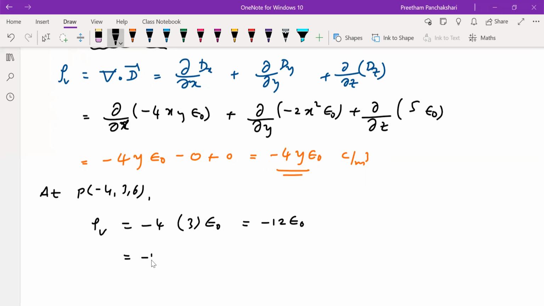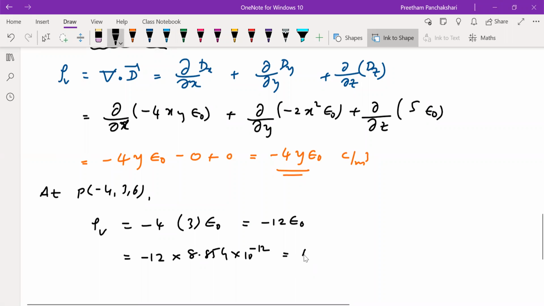If you want, you can also substitute the value for epsilon naught, that is 8.854 times 10 raised to minus 12. So we can multiply these two terms using a calculator and get the answer. It is 106.248 pico coulomb per meter cube.